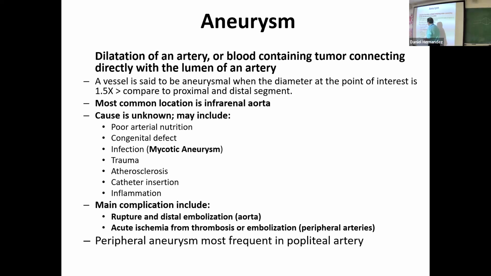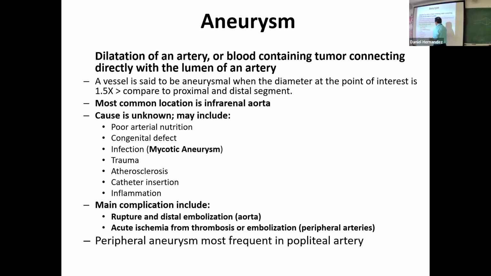Atherosclerosis also leads to the potential development of aneurysm. So the plaques are entering into those vessel walls, into the medial layers. It weakens that medial layer, which can eventually lead to development of aneurysm. A catheter insertion, we said, is another form of trauma. Inflammation.